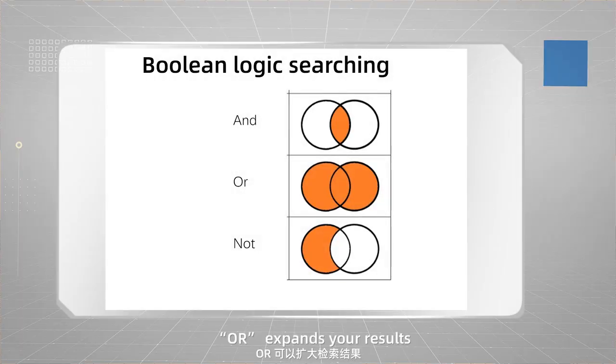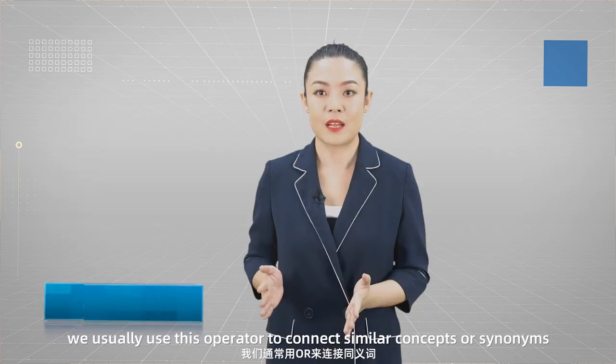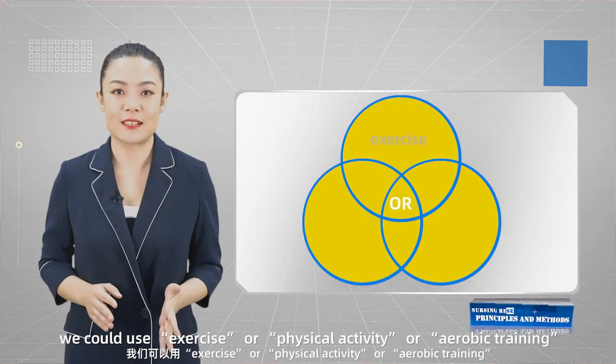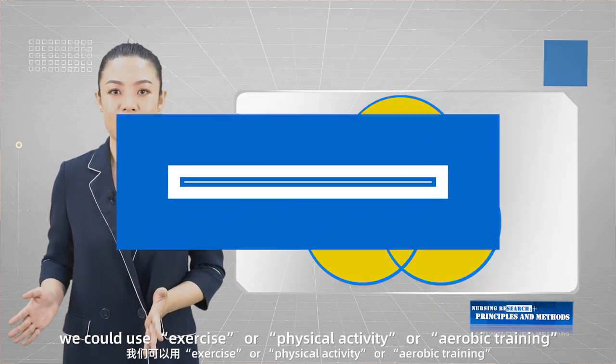OR expands your results. We usually use this operator to connect similar concepts or synonyms. The result shows literature in which any of the terms is present. For example, we could use exercise OR physical activity OR aerobic training.